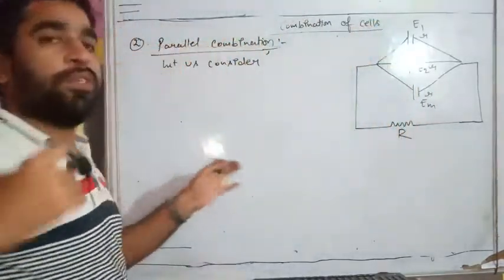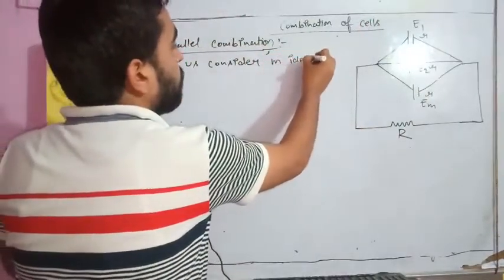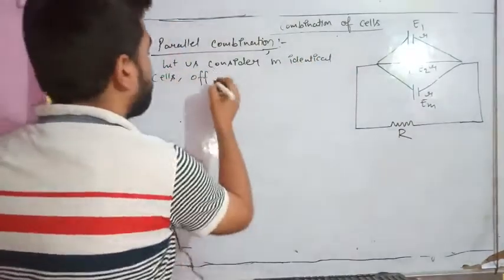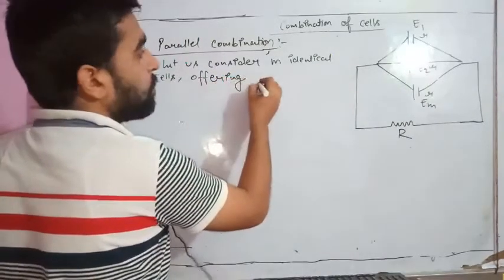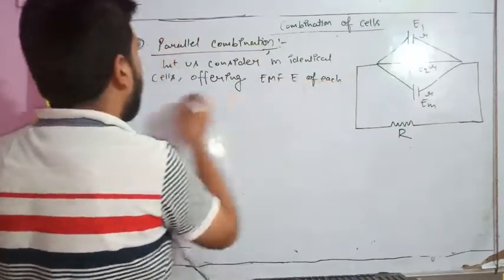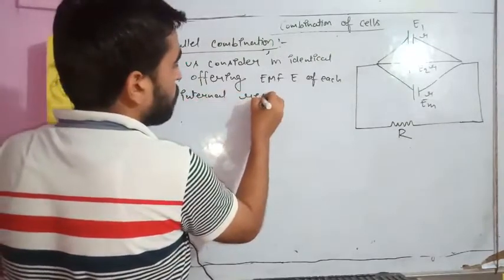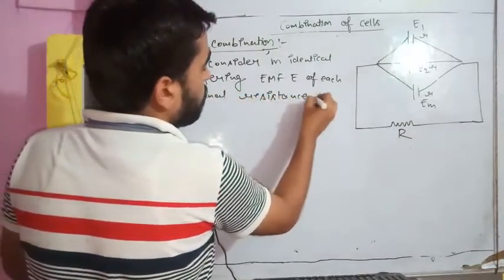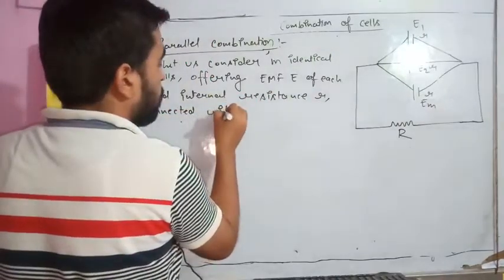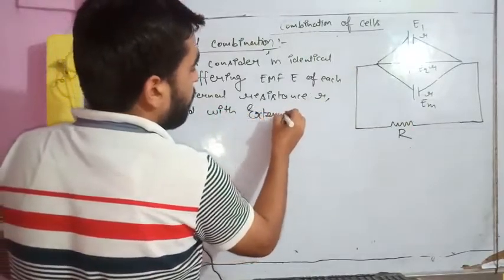N we have already used, so let us imagine M. Let us consider M identical cells, each offering EMF E and internal resistance r, connected with an external resistance, capital R.